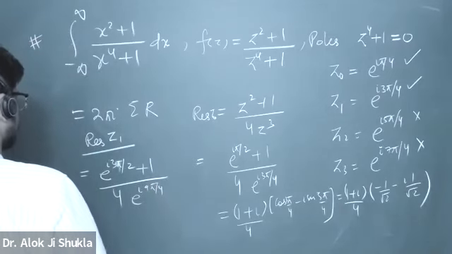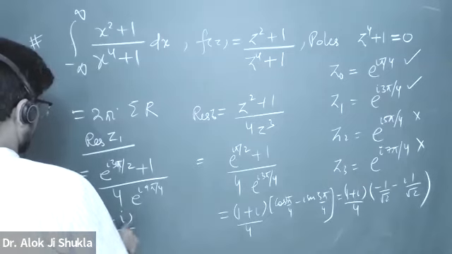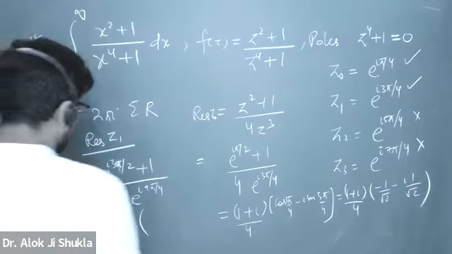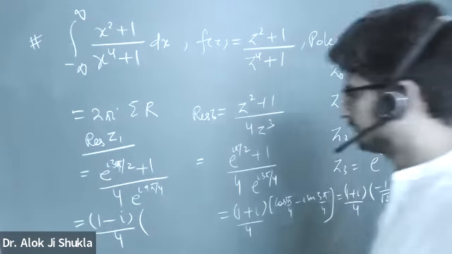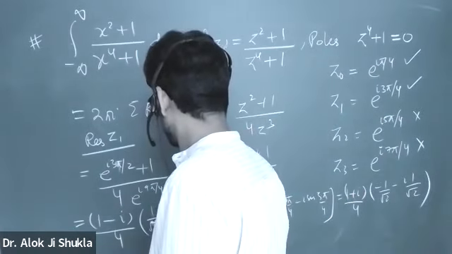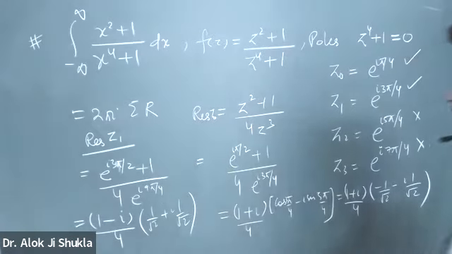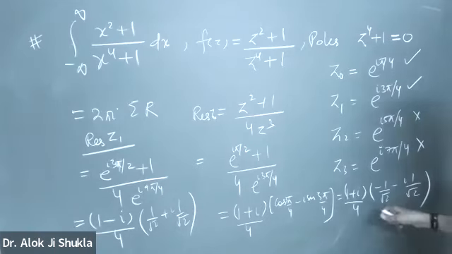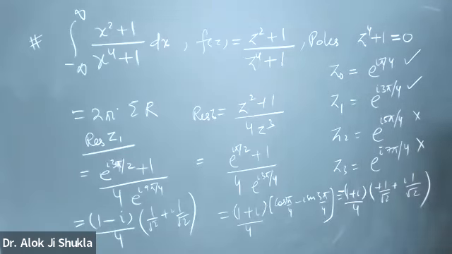So it is (1 minus iota) by 4, and 9 pi by 4 is in the first quadrant. Take minus common here, right? So what will be the answer?